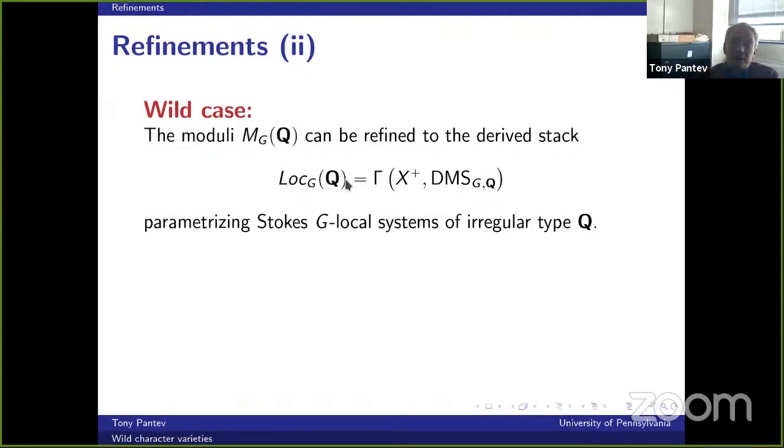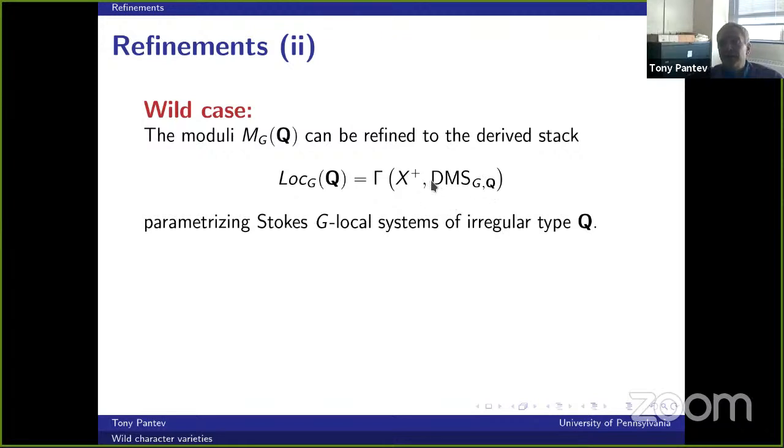You cannot describe it as a mapping stack to some fixed classifying stack, but there is a sheaf of stacks over the surface X plus, this extra punctured surface that I described, which is determined by the group G and the collection of irregular types Q. It's a constructible sheaf of stacks on the surface X plus, and the global sections of the constructible sheaf of stacks is the stack of G local systems.